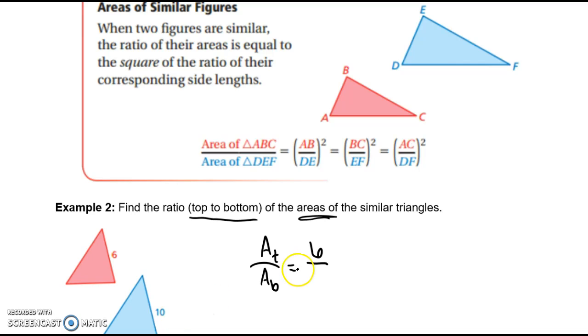The side length they have given us for the bottom one, which is that corresponding side, is 10. The only thing different on here, and let's go ahead and reduce this before we even bother to put the squared on there. So let's reduce that to 3 over 5, and then you have to put squared on there. We could multiply that out, but I think we just leave it like this with the squared. So the ratio of the areas would be 3 over 5 squared.